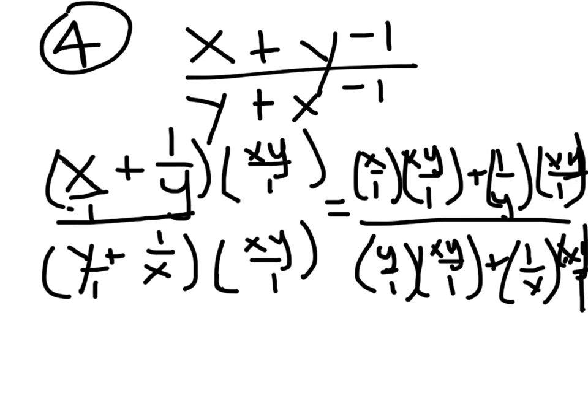So in this first part of the problem here, nothing cancels, so I just have this x times xy, which would be x squared y. But then, over here, the y cancels the y in the denominator, and I'm just left with 1 times x in the numerator, which is x.